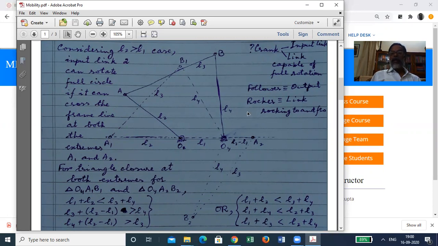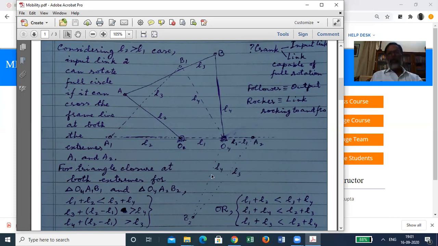When A goes to this extreme, A2, then O4A2, this side is L2 minus L1. This is the step which is utilizing this. Otherwise, it would have been L1 minus L2. In that case, we don't know a priori which is the larger link, L3 or L4. The way I have made this construction, L3 is longer, so L3 is leaning this way, and L4 is shorter.